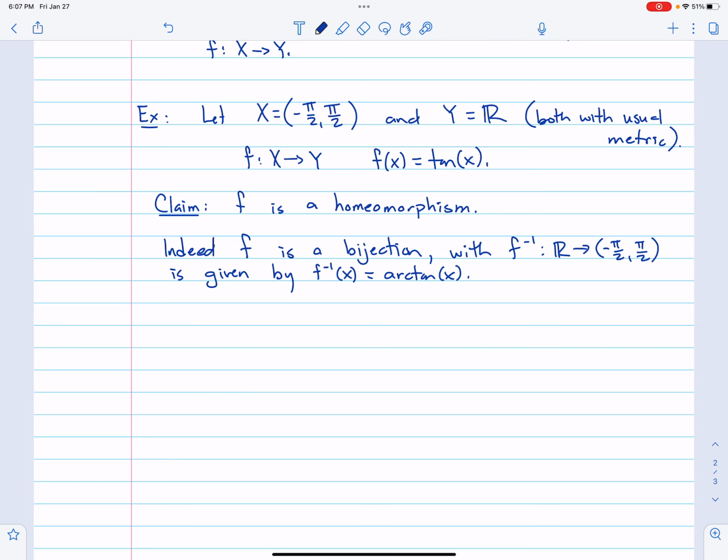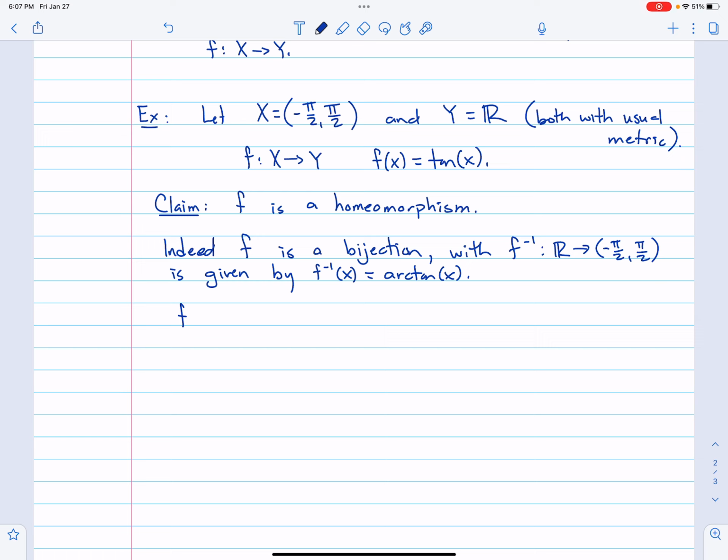Okay. And so first of all, we've observed that f is a bijection, and obviously you might need to prove that. If you want to prove that, you can use techniques from Math 290 to do that.